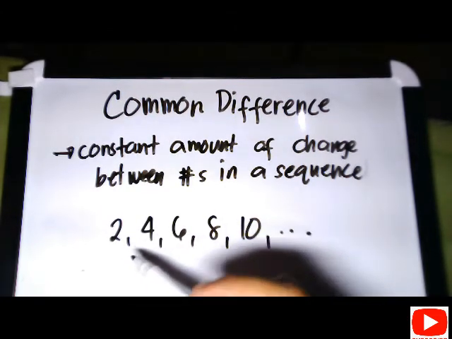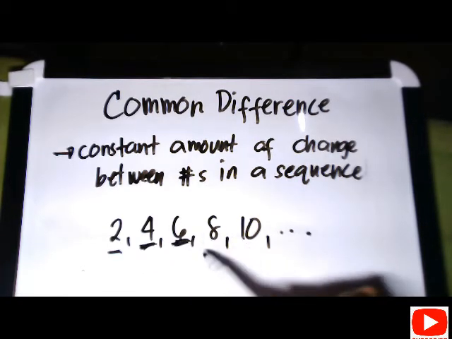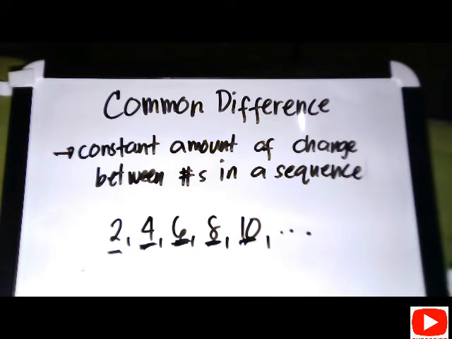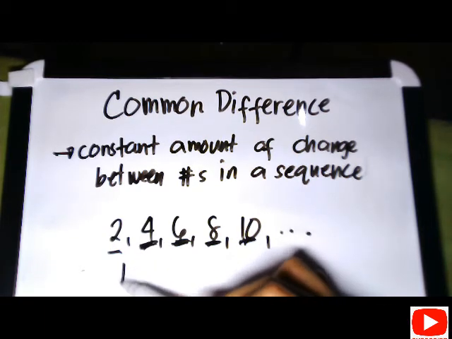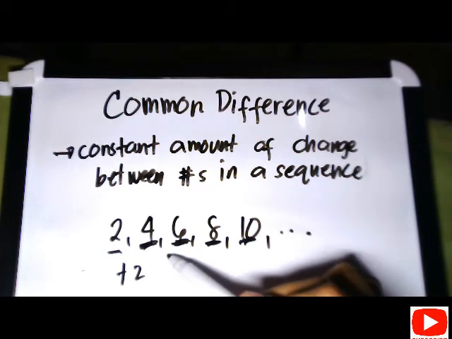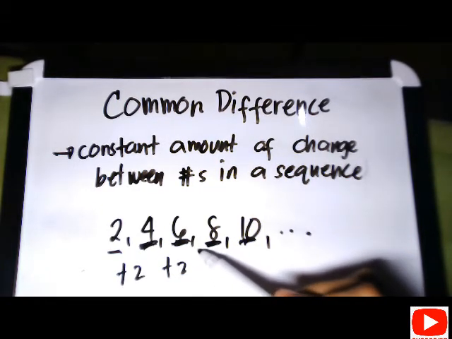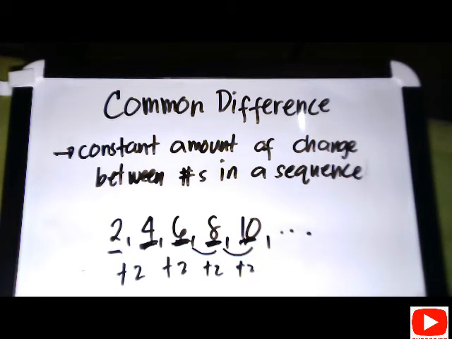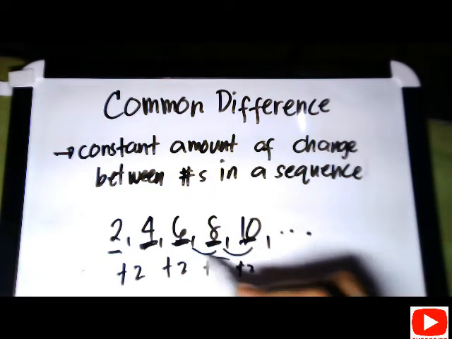Now, we will get the difference from 2 to 4, 4 to 6, 6 to 8, 8 to 10, and so on. In getting 4, we add 2. In getting 6, we add 2 to 4. In getting 8, we add 2 to 6. In getting 10, we add 2 to 8. So therefore, this constant amount is the common difference. Then the common difference is 2.